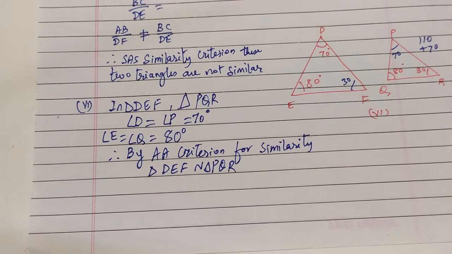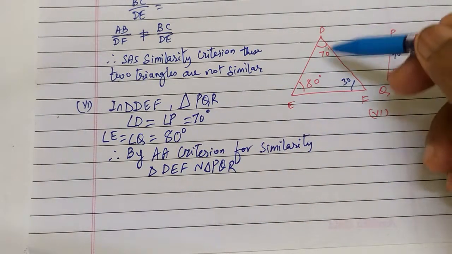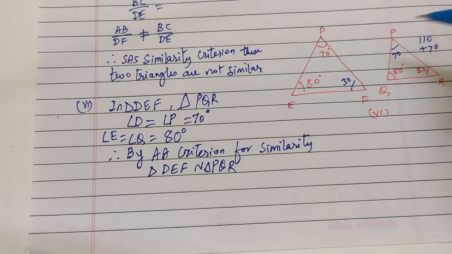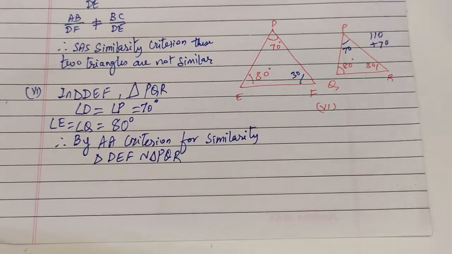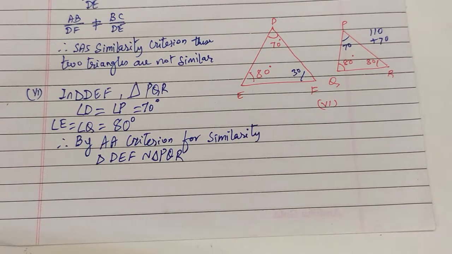So that's the answer. So here it is AA, we can say only two angles. So even with this criterion, the two triangles are similar.